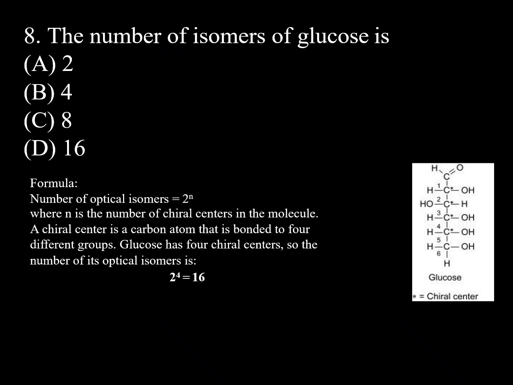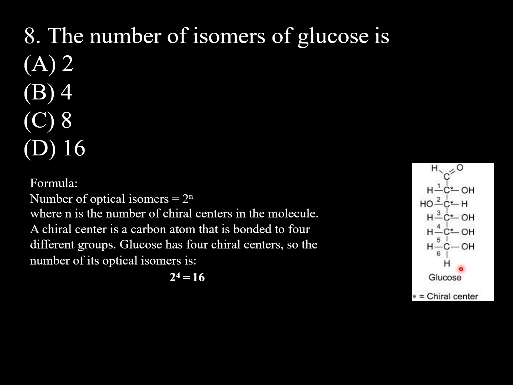Question number 8: the number of isomers of glucose, that is, how many isomers are possible by the structure of glucose. As you can see here, this is the structure of glucose. How many isomers are possible? It means how many structural differences may be given by the glucose molecule. For this, there is a calculation.